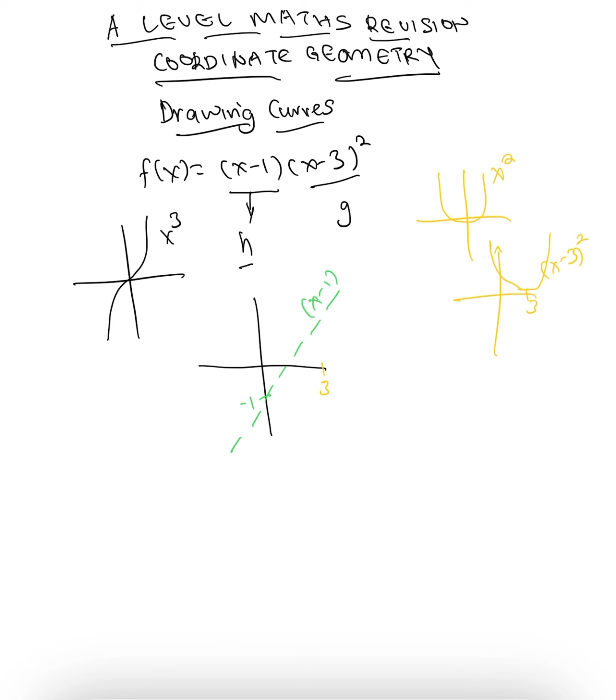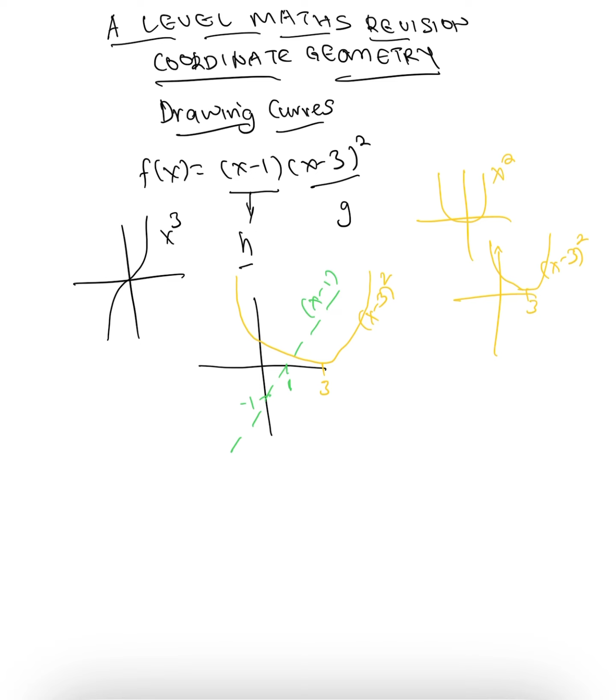It crosses the y-axis somewhere there, and it's a smiley face. Right, excellent. So this is (x minus 3) squared. And the straight line graph, x minus 1, goes through y at minus 1, because obviously the slope is just 1. The number in front of the x is just 1.